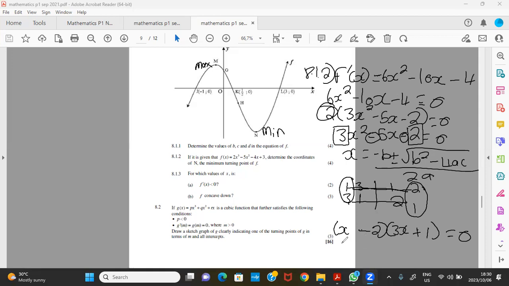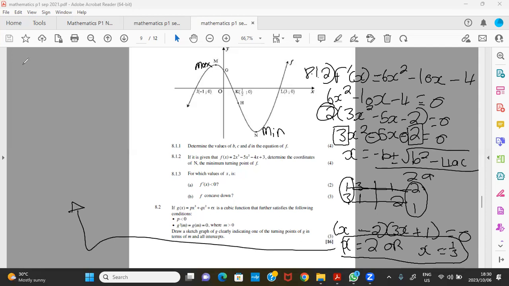So obviously from here, x will be 2, or x will be minus 1 over 3. These are the x coordinates of our turning points. Let's not forget, they want us to look for the coordinates of n, which is the minimum turning point.